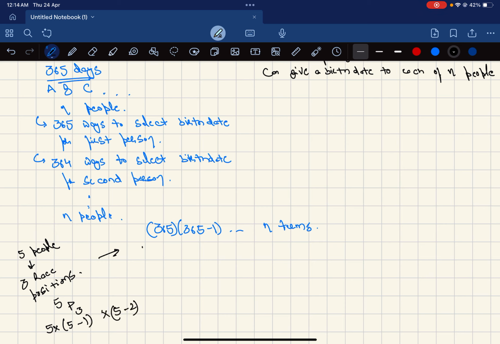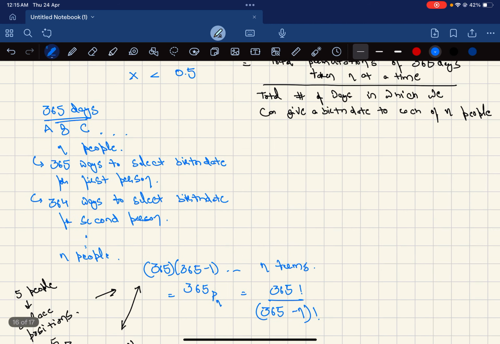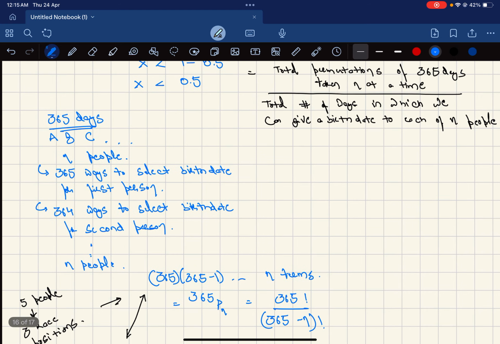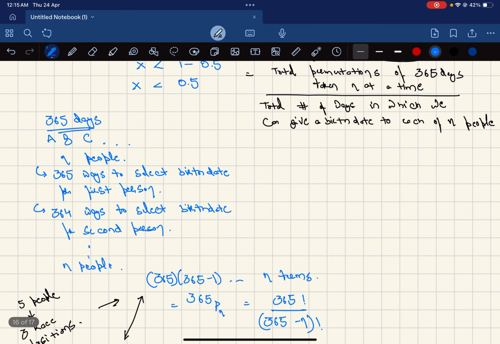If you compare this with our previous example, it's exactly the same case, but instead of 5 we have 365 days, and instead of r as 3 we have n people. So this can be written as 365Pn, which is nothing but 365 factorial divided by 365 minus n factorial. So this is the numerator, which is the total permutation of 365 days taken n at a time.